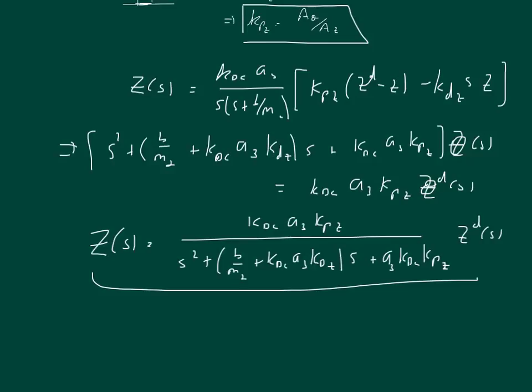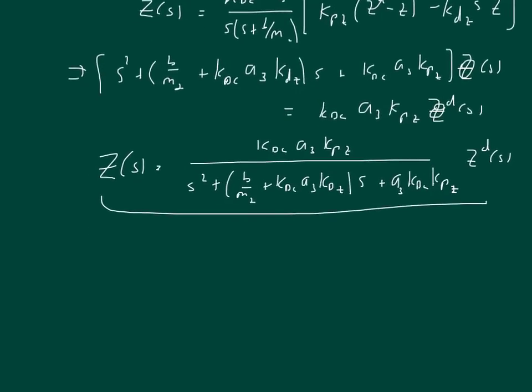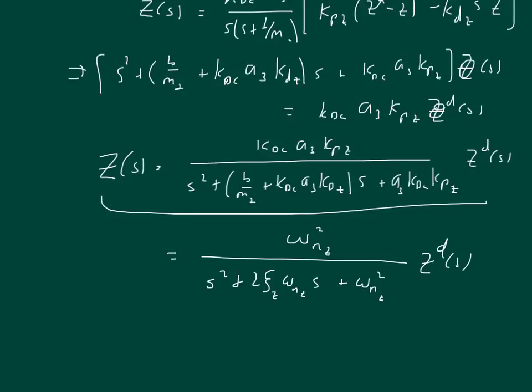And the idea is that we want to now set that equal to the desired transfer function, which we can set equal to omega n z squared over s squared plus 2 zeta z omega n z s plus omega n z squared times z desired of s.